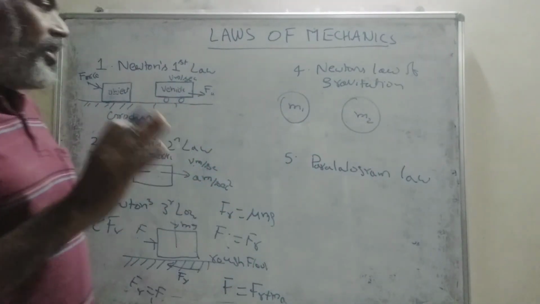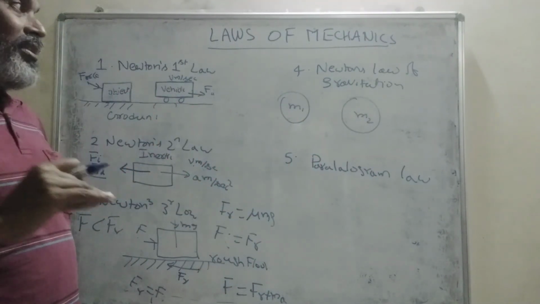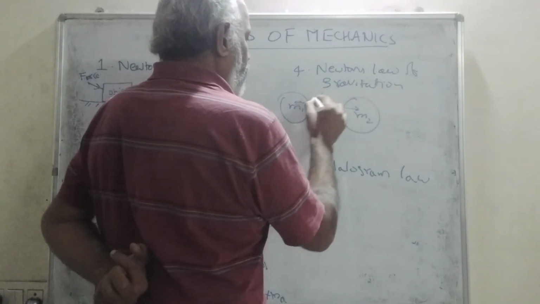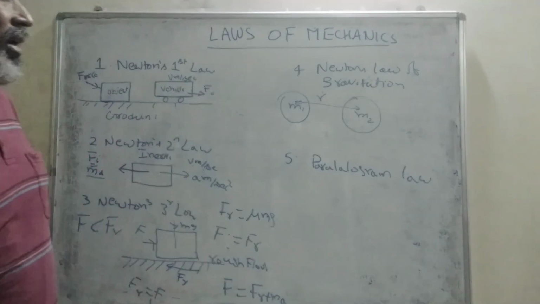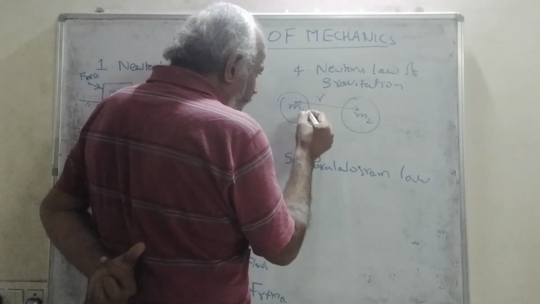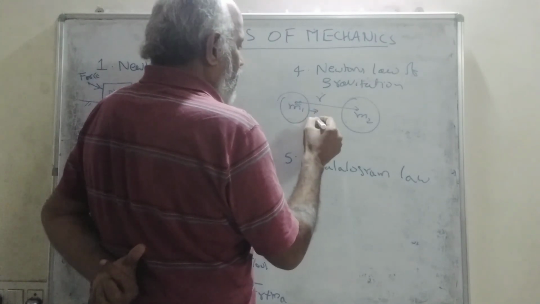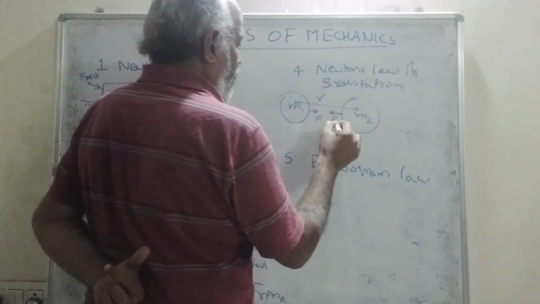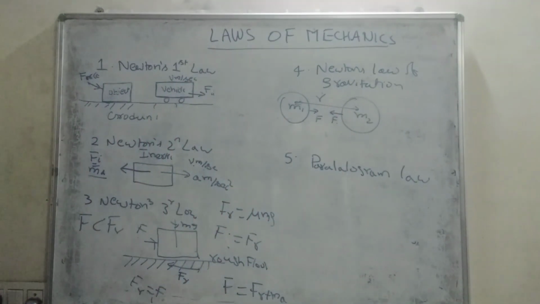These are the two bodies, any two bodies, and the distance between these two bodies is say r. These two bodies are attracting each other with some force F, and this is also attracting with some force F.